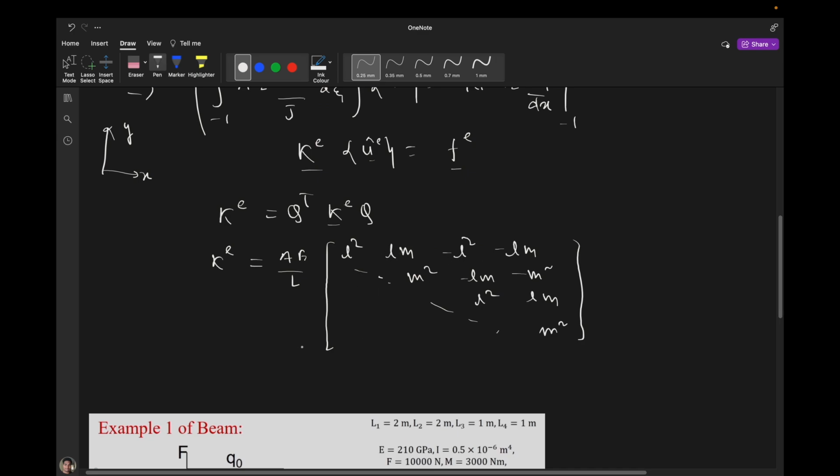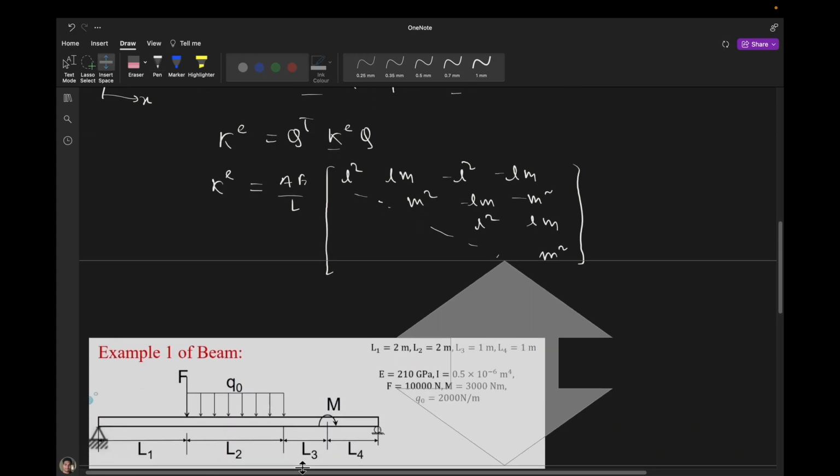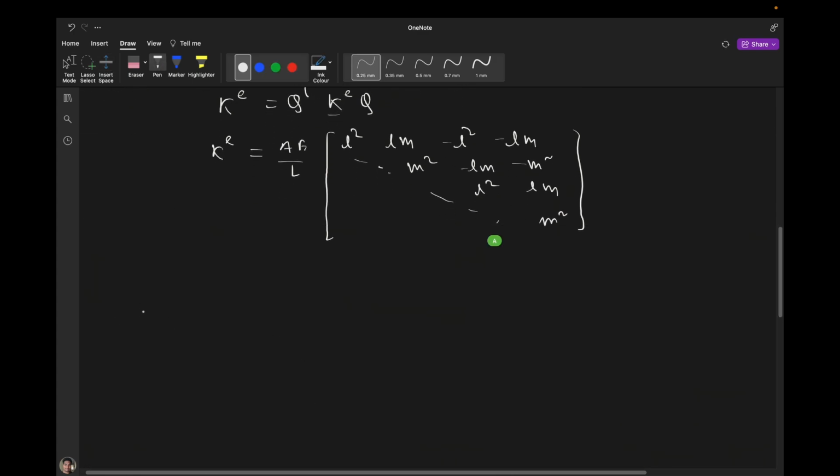Now this is in the global coordinate axis. If we want to assemble this with all elements, this becomes K global, which is nothing but the summation of all matrices, E equal to 1 to the number of elements of Ke, and we need to take care of all the indices accordingly.